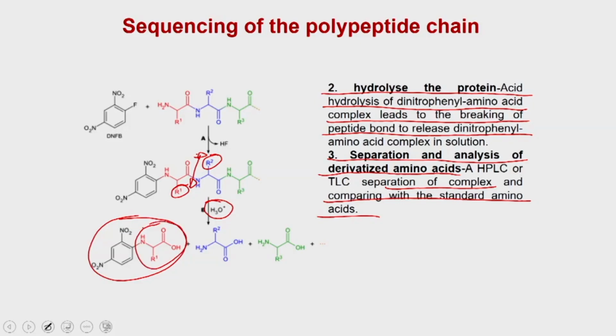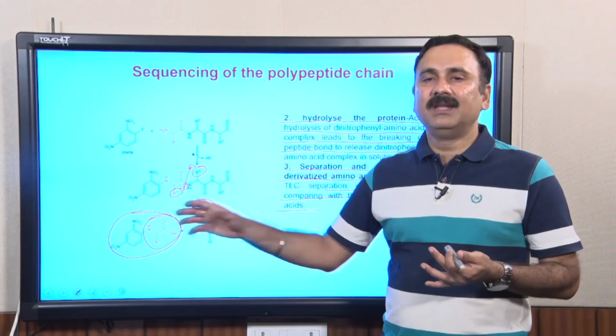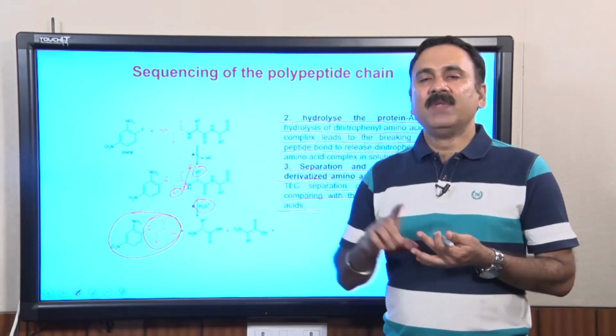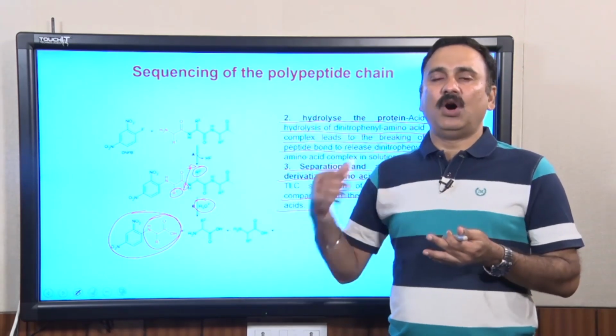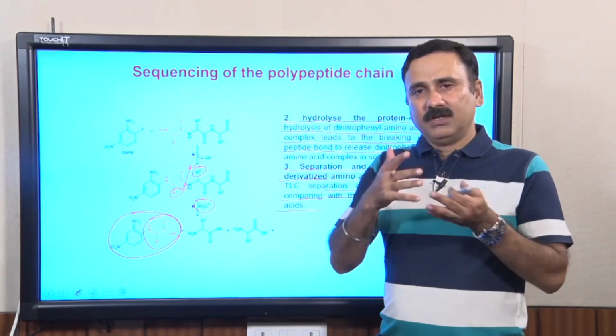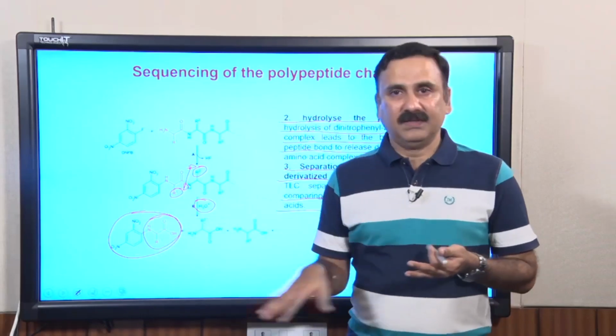So, you are going to run the standard amino acids as a complex, and in addition to that you are also going to run the reaction, so that if you compare these two chromatograms in the HPLC, or the TLC plates of these two reactions, it will tell you which amino acid this is.